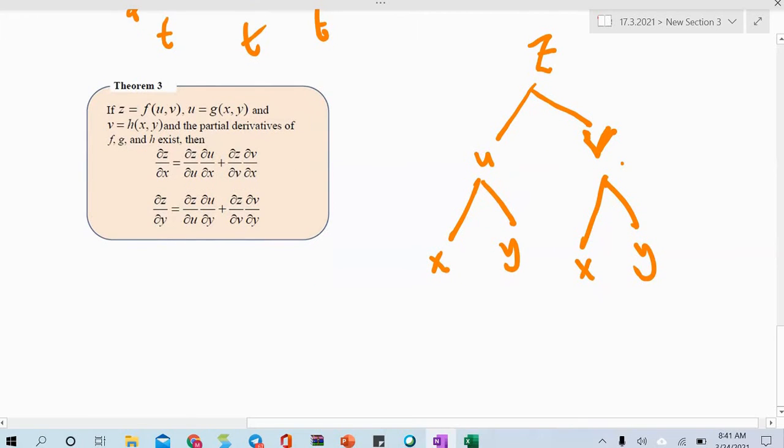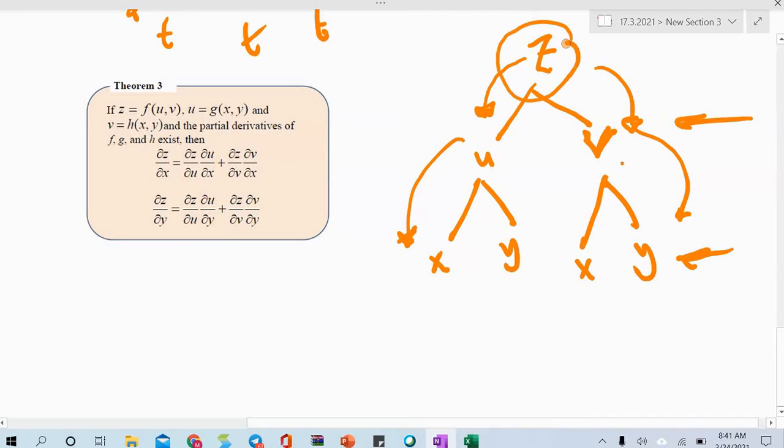You see here, Z depends on U and V. U depends on X and Y. Same here. Everything is in two independent variables. Your Z also ends up with X and Y. See? So everything should be del, del, del.